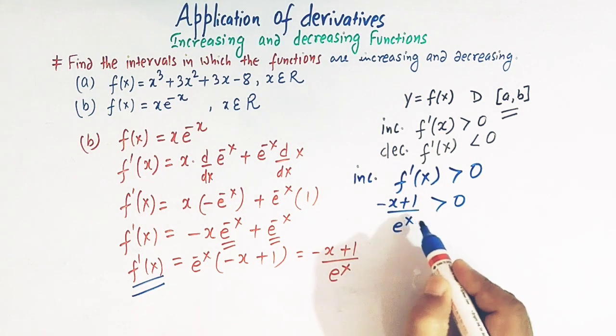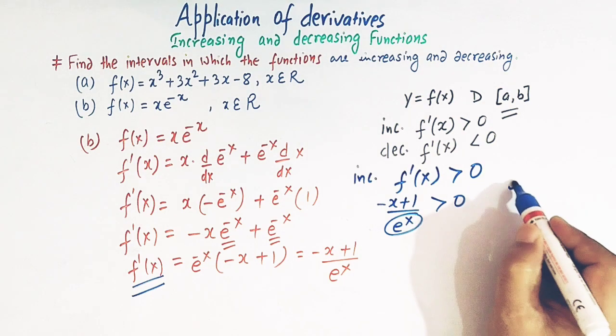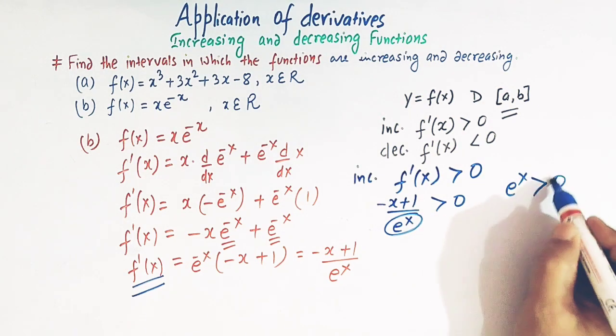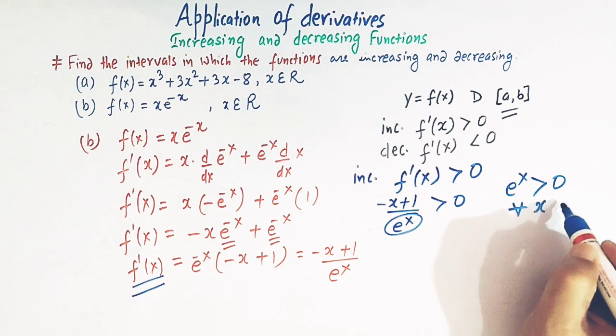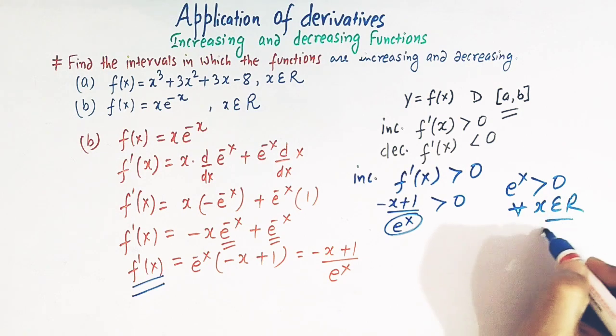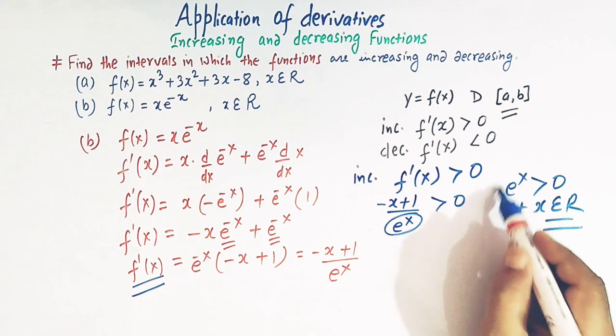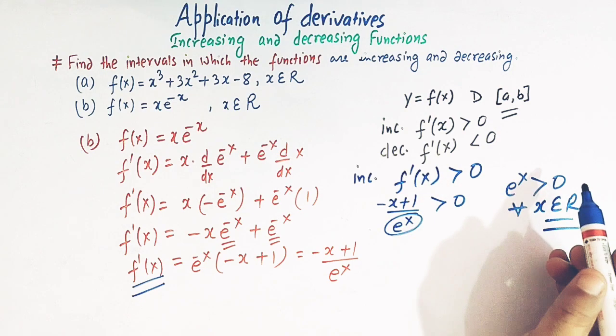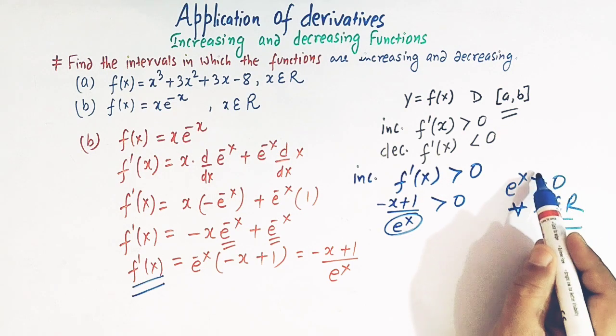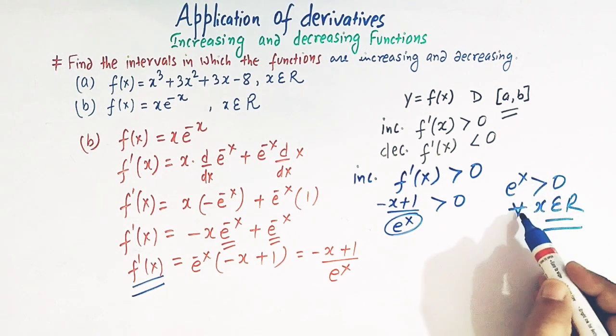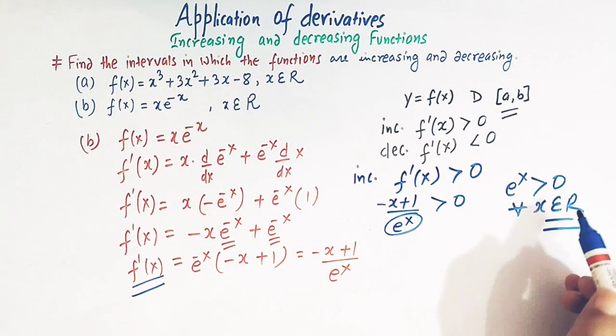And we know that e raised to x is always greater than 0 for all x belonging to the set of real numbers, because the exponential function is always positive for all values of x belonging to the set of real numbers, right?